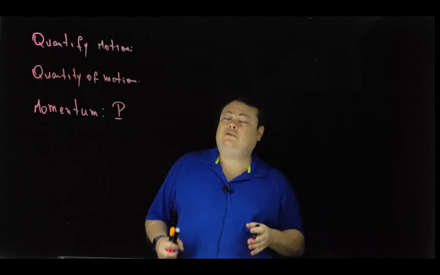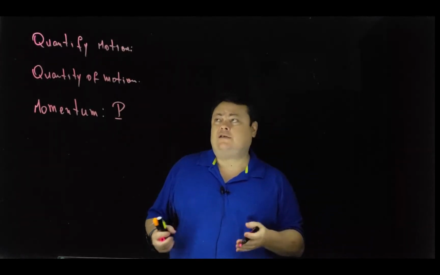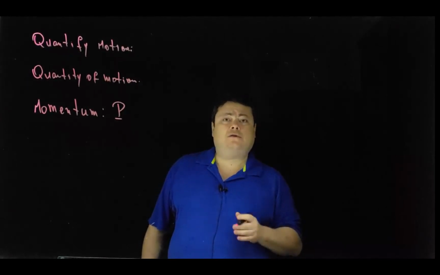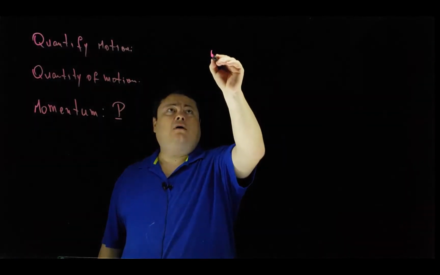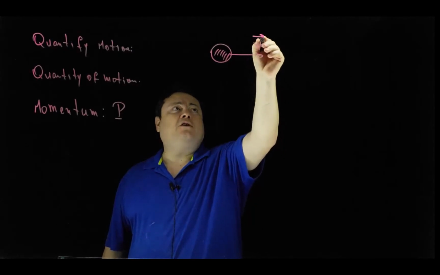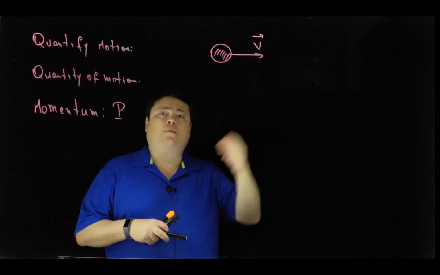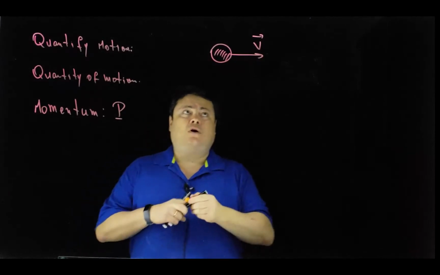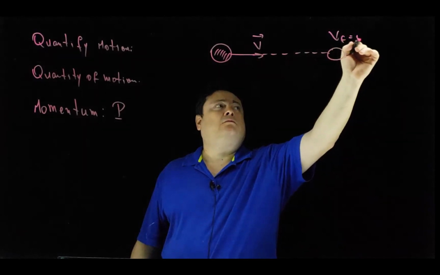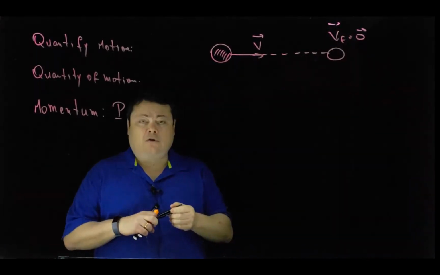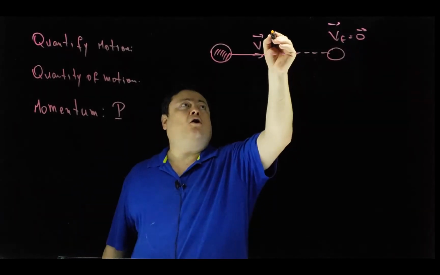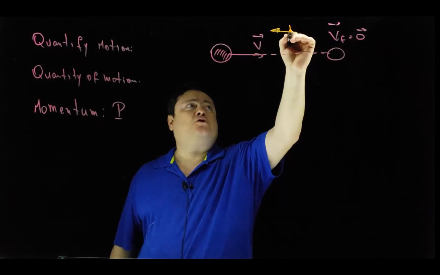In order to see how we can quantify motion, I will reason this way. I have an object moving with a certain velocity v, and I want to stop this object in a certain time. So I want it to come to a stop. For that, I would need the action of a force in the opposite direction to make this object come to a stop.